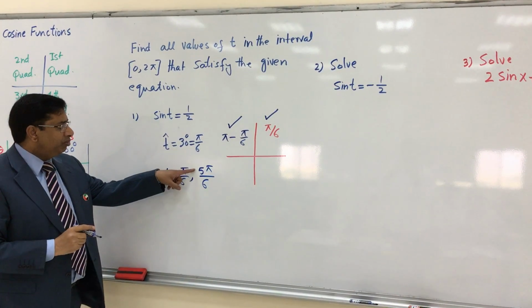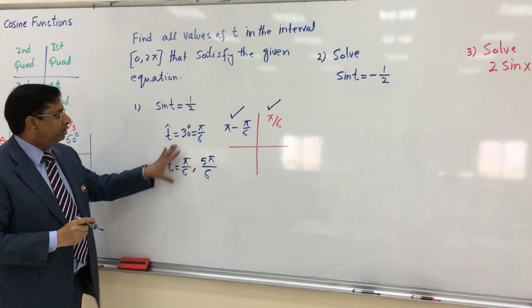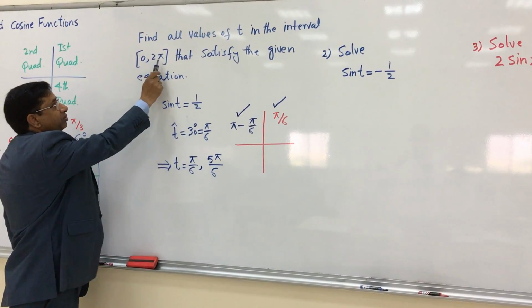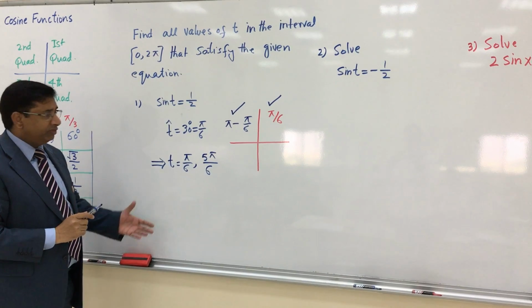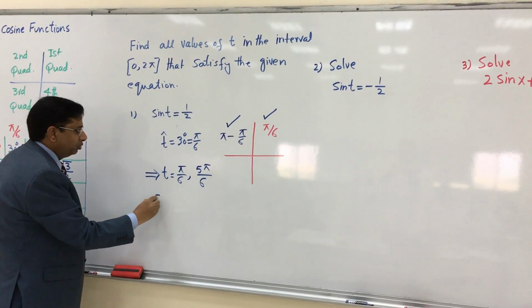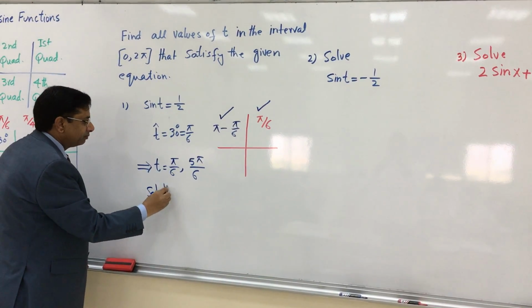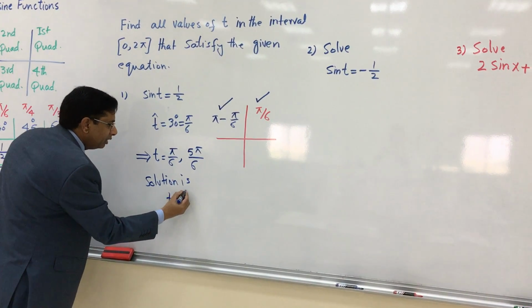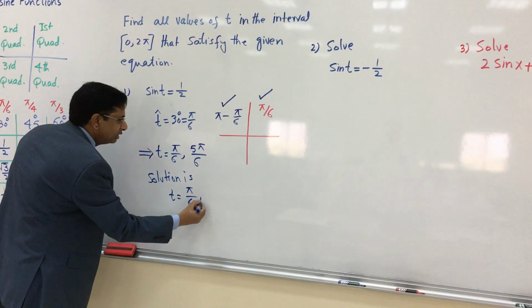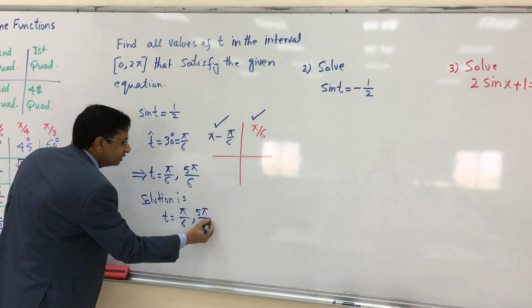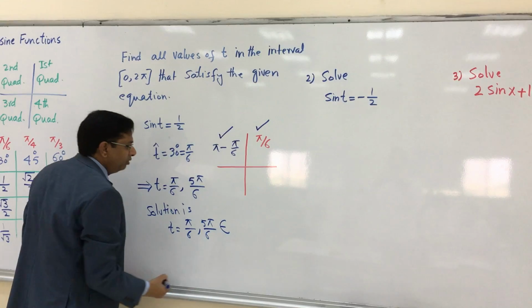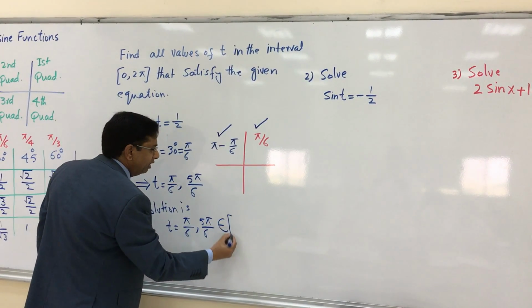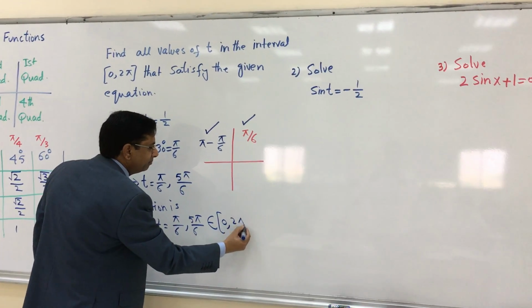You can see the numerator is less than the denominator, so these values are in the interval 0 to 2 pi. So the solution of the equation is t equals pi over 6, 5 pi over 6, and these values belong to the interval 0 to 2 pi.